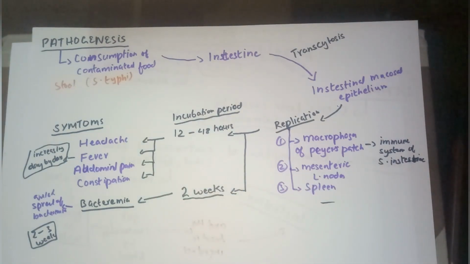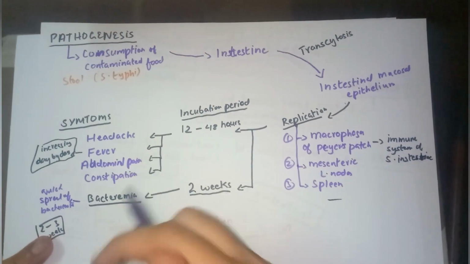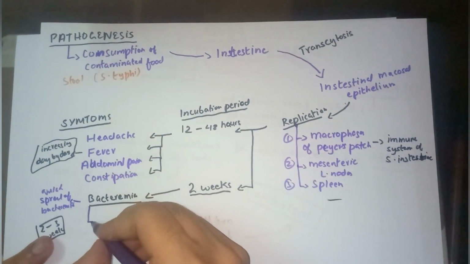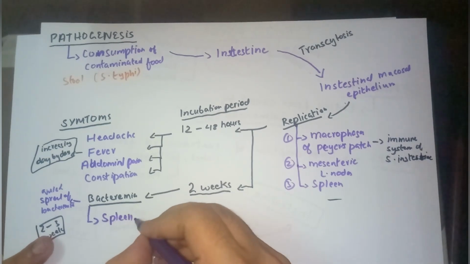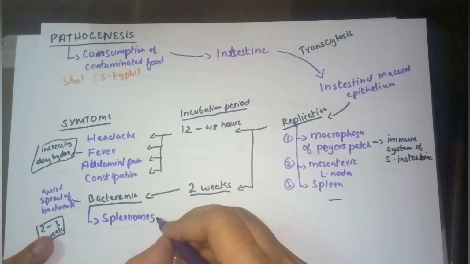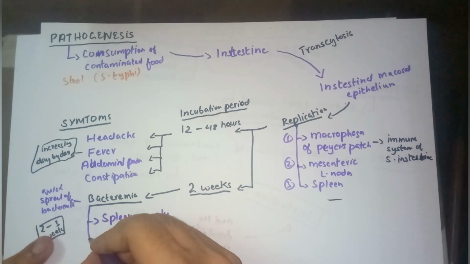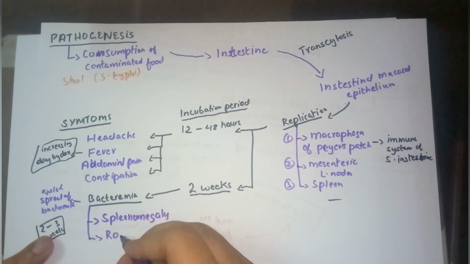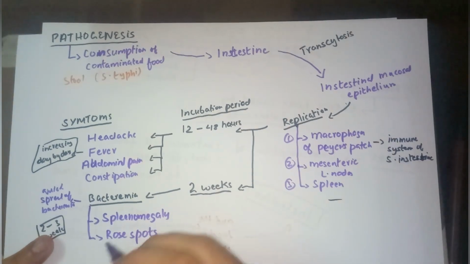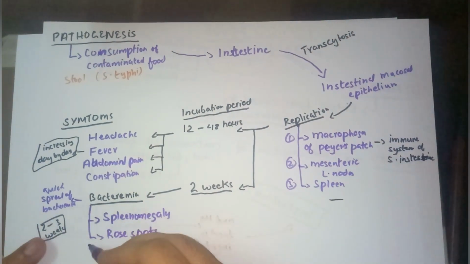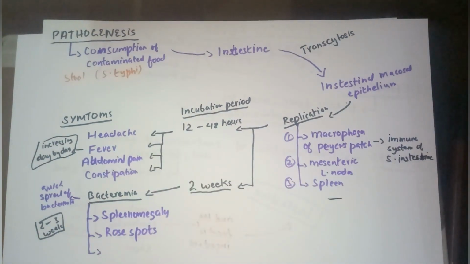But suddenly if bacteremia occurs, what will happen? Some more symptoms will come. Like first one is splenomegaly, enlargement of the spleen, rose spots, pink macules, pink spots on the chest or abdomen.